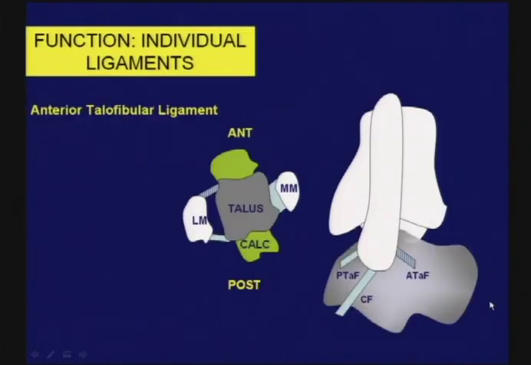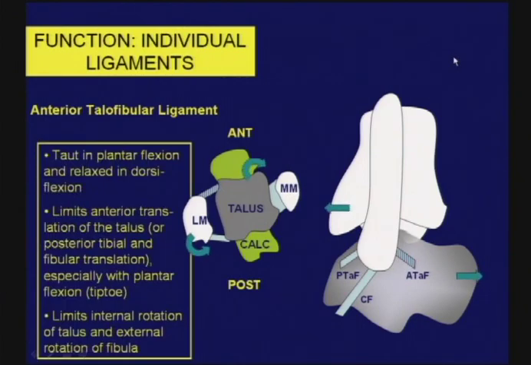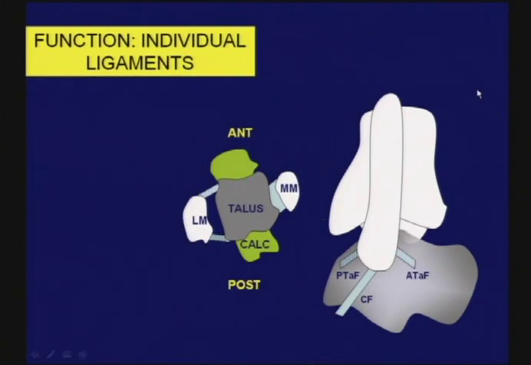Let's finish up in the last 7 to 10 minutes by just touching quickly on the function of these ligaments. The anterior talofibular ligament is taut in plantar flexion, as I indicated. It limits anterior translation of the talus or posterior translation of the tibia, and it limits internal rotation of the talus.